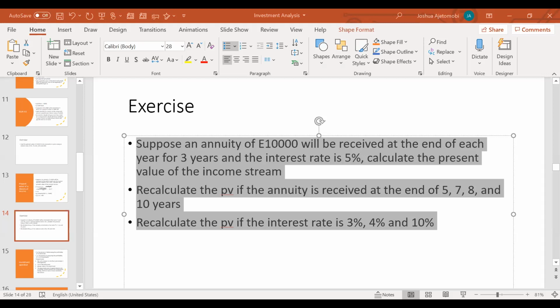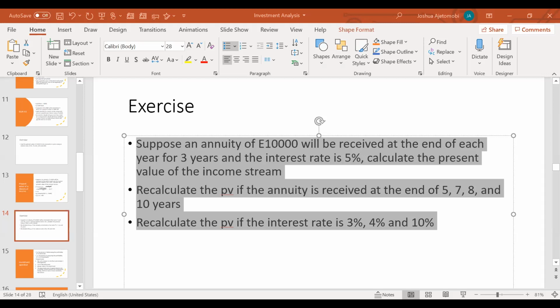I told you it's 10,000. 27232.48. Yeah, that's great. Then for 5 years, 43294.77.